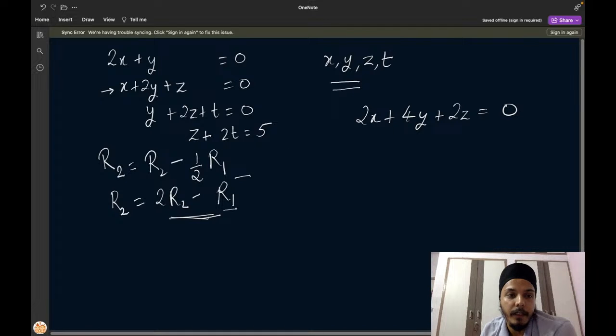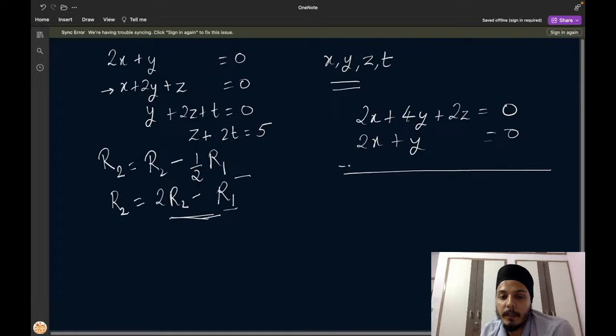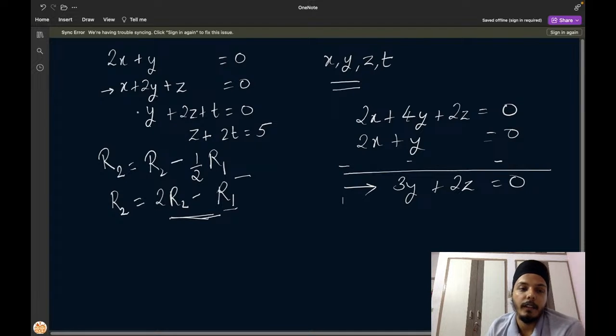Now we subtract R1, that is 2x plus y equals 0. Subtracting, we get 3y plus 2z equals 0. So our second equation becomes 3y plus 2z equals 0.